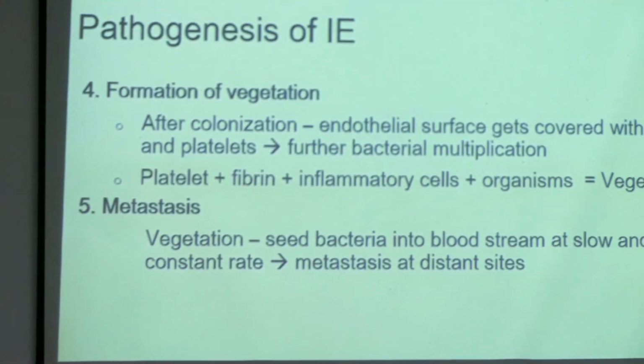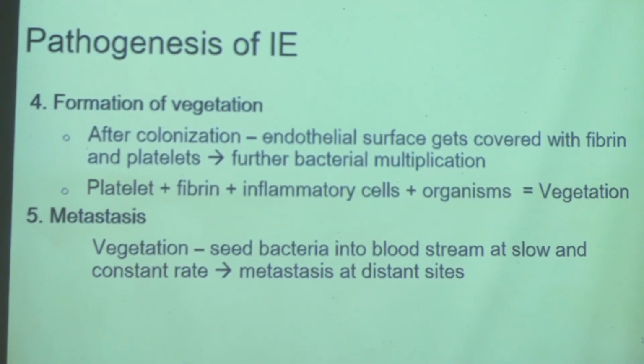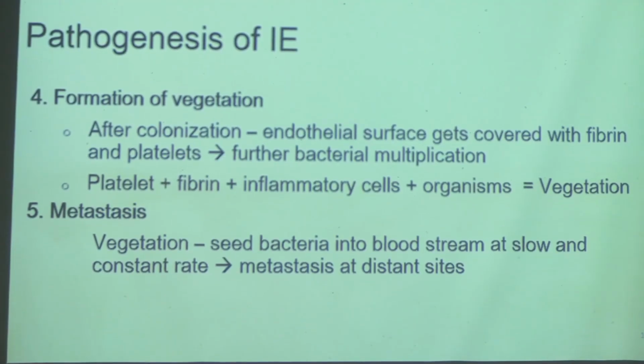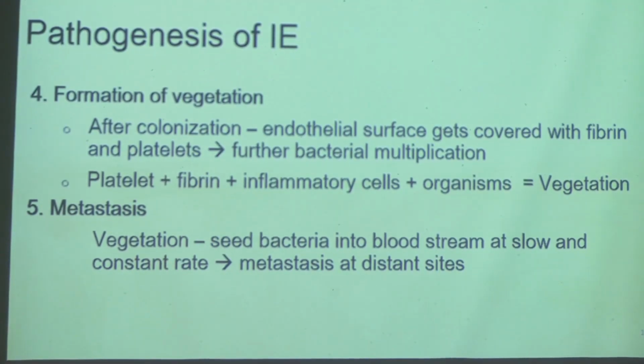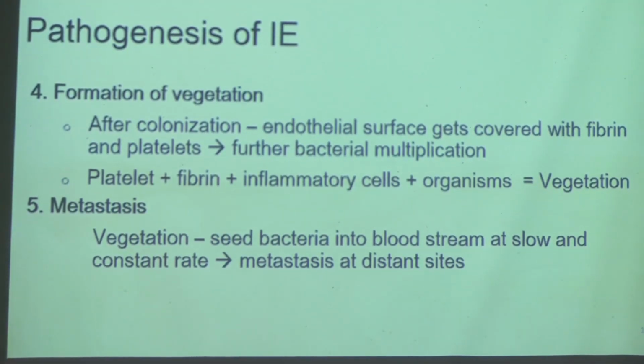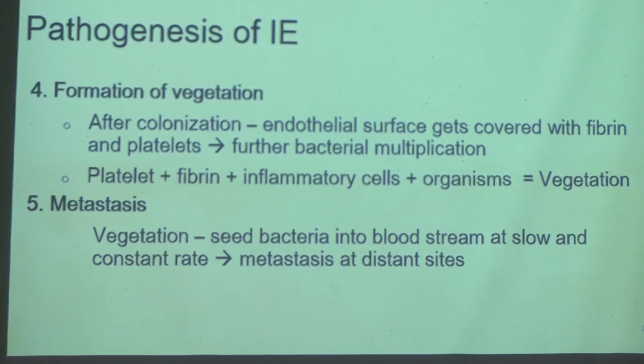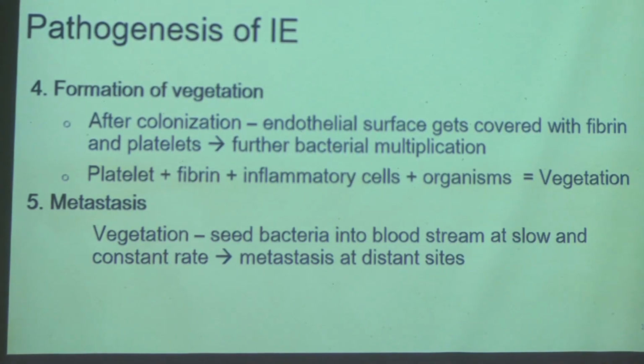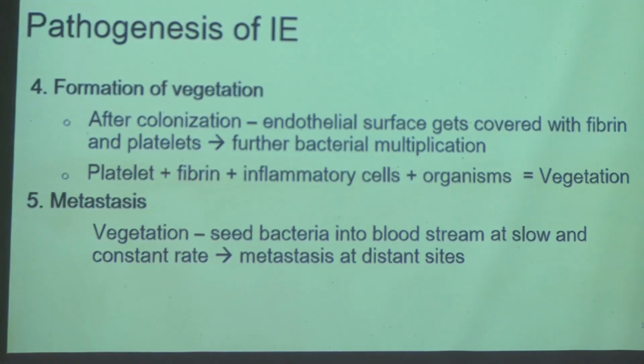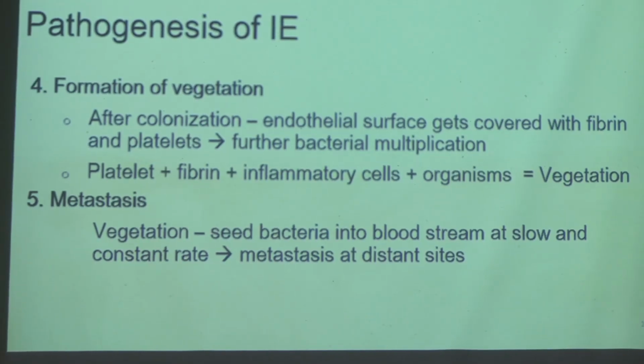Now these emboli will colonize these bacteria. So bacteria will go and attach to those NBTE and they will start multiplication there. So platelet plus fibrin plus inflammatory cells along with the organisms form the bacterial vegetations, or the infective endocarditis vegetations.